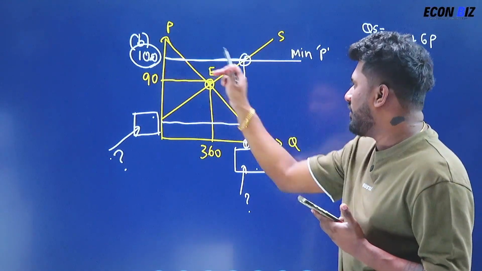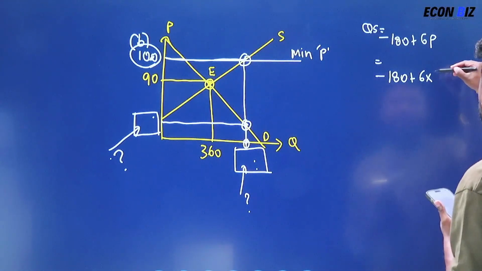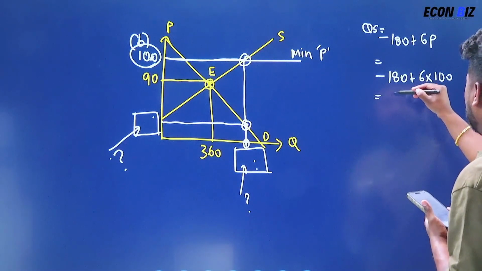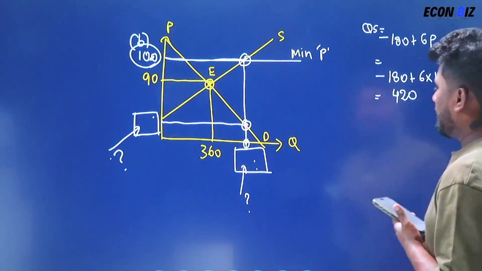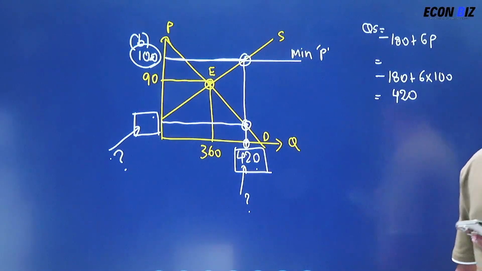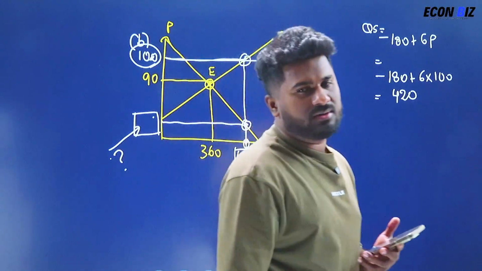At the price of 100, how much will supply? So your price is 100. That is 420 metric tons.